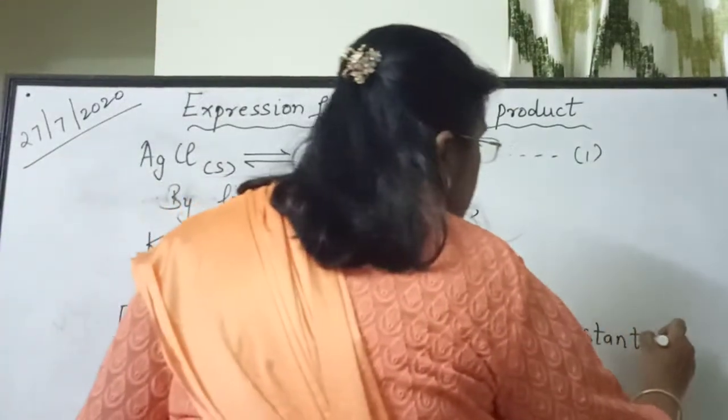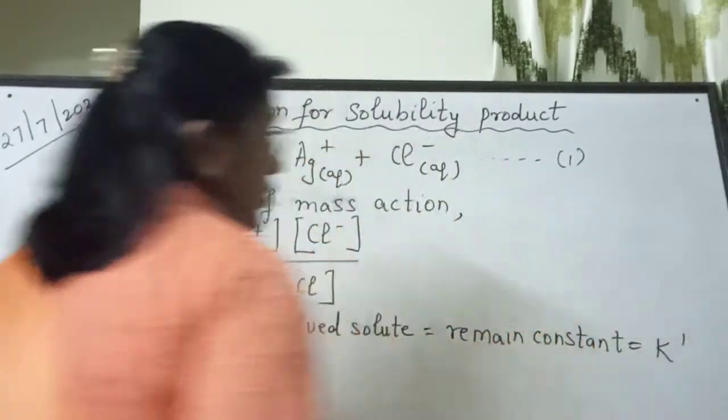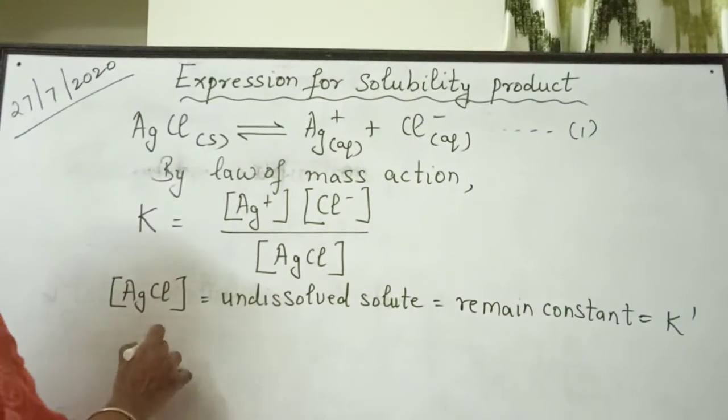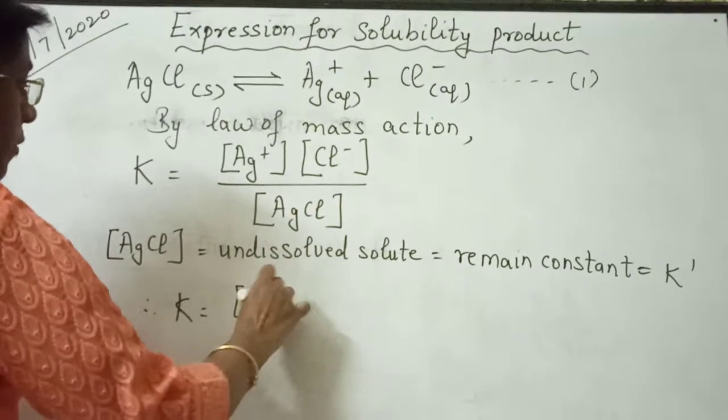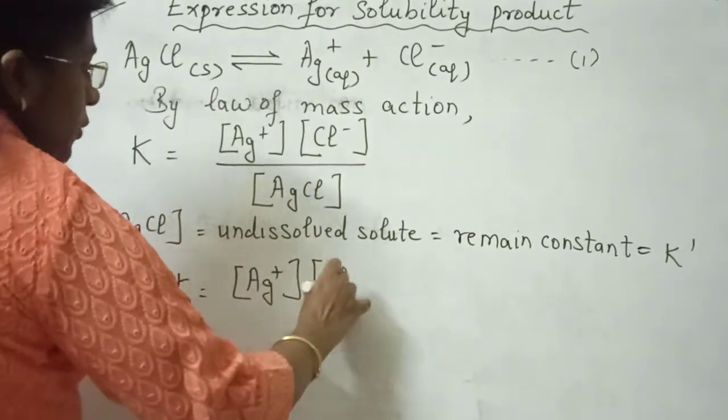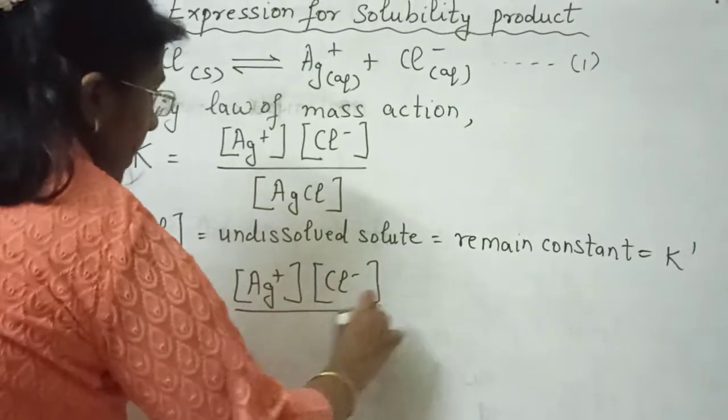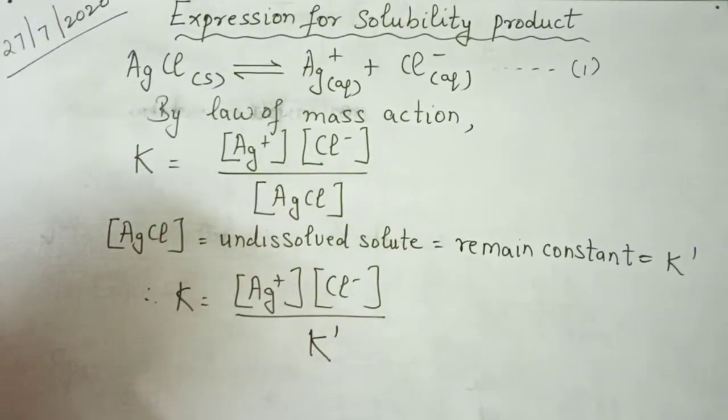And that will be considered as K dash. Therefore, K is equal to concentration of Ag plus into concentration of Cl minus upon K dash.